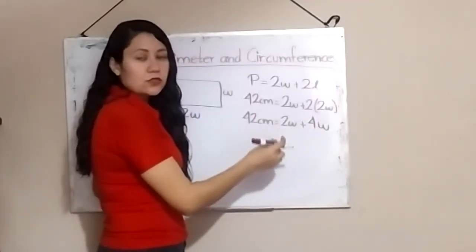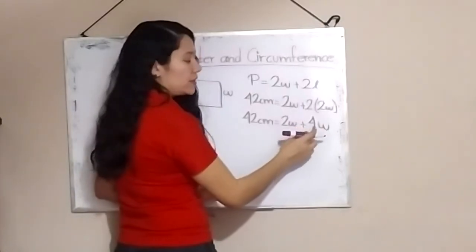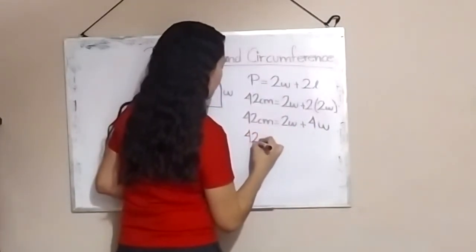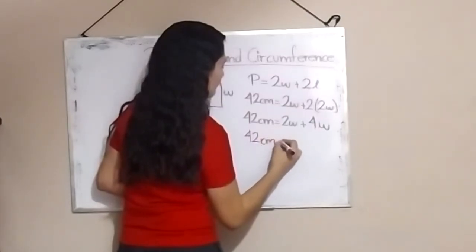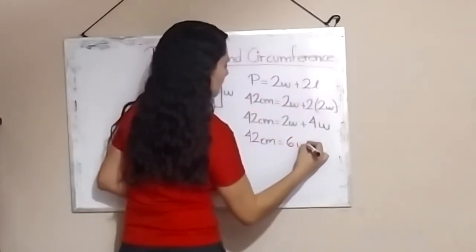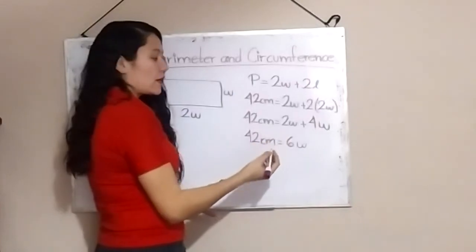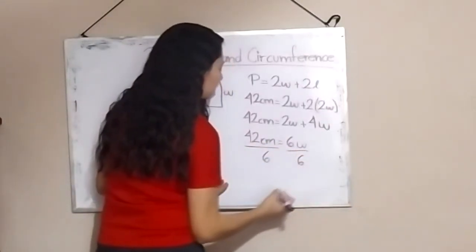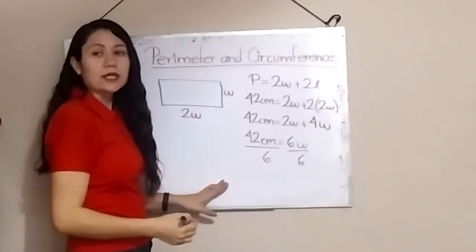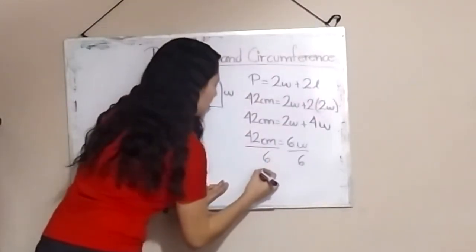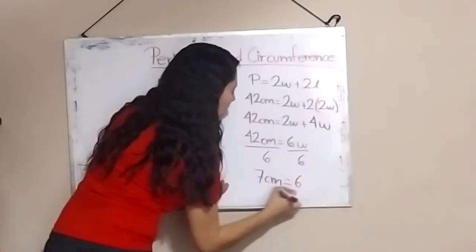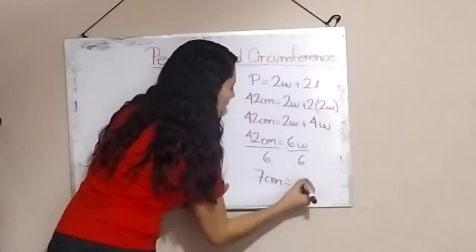We add together 2 widths plus 4 widths, it's 6 widths. And now we have to remove the 6 by dividing. 42 divided by 6 is equal to 7 centimeters equals the width.